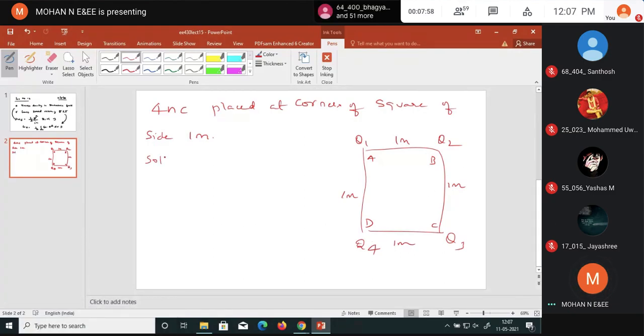Q1 is equal to Q2 is equal to Q3 is equal to Q4 is equal to 4 nanocoulomb.